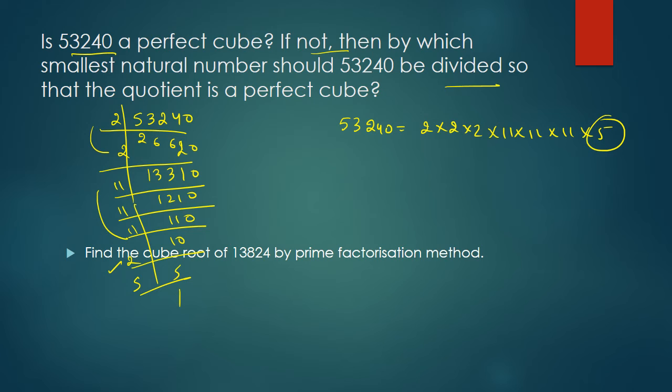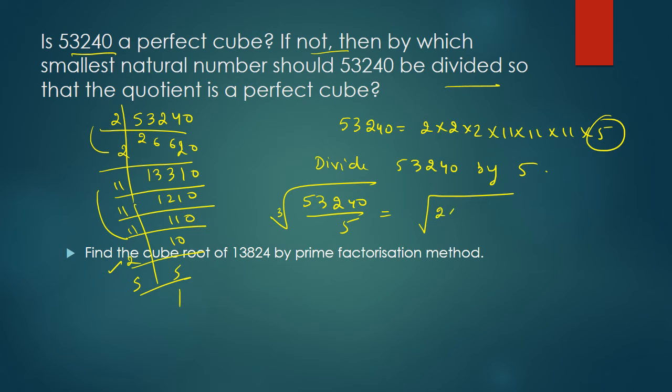So let's divide 53240 by 5. If you find the cube root, 5 will be removed, only 2 into 2 into 2, 11 into 11 into 11 will be left, because 5 gets cancelled with 5, so the cube root will be 2 into 11, that is 22.